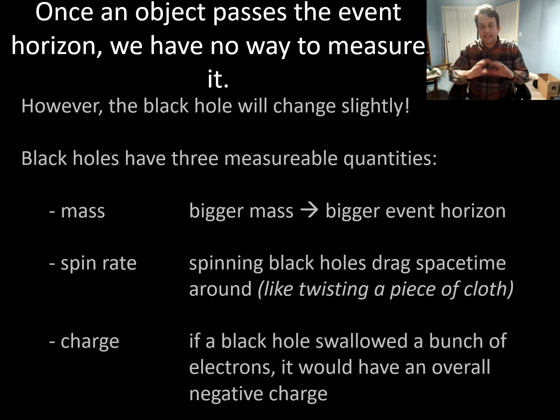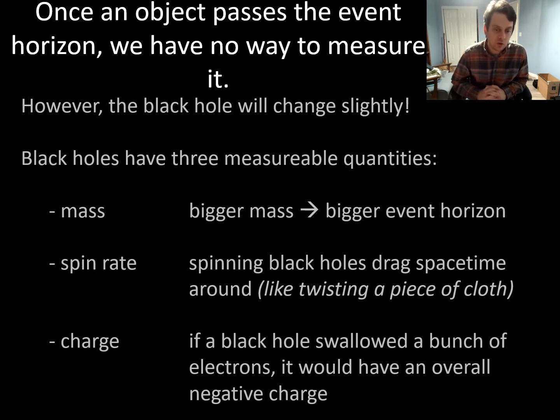And so the spin rate can be measured in particular by its impact on the space-time around it. Because again, we can't see inside the event horizon, but the black hole, if it's rotating, which most are, will actually drag space-time around it, kind of like a piece of cloth would be twisted if it's being dragged around or grabbed by something in there. So the spin rate can be measured by looking at the space-time which is outside the event horizon and therefore accessible to us experimentally.